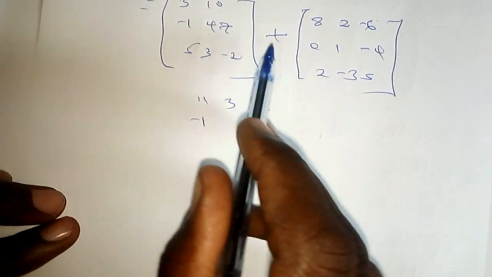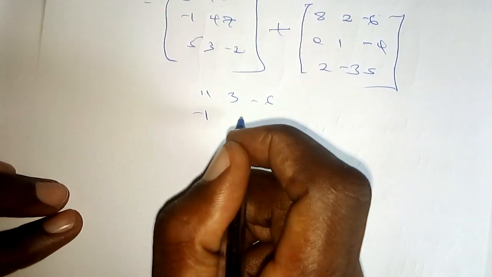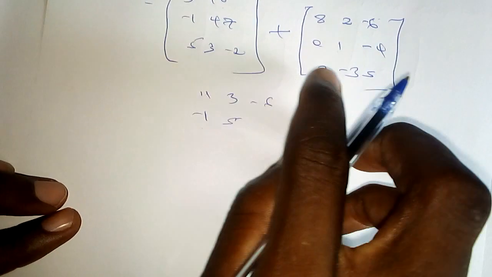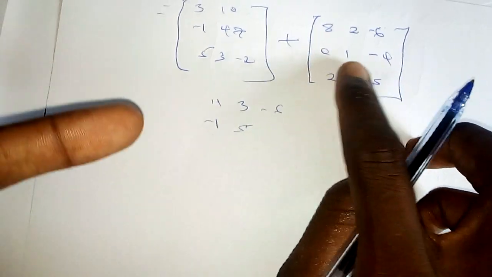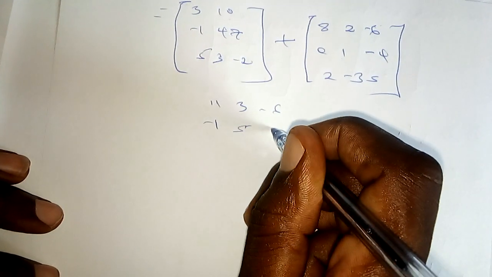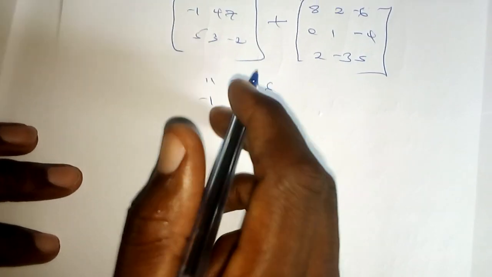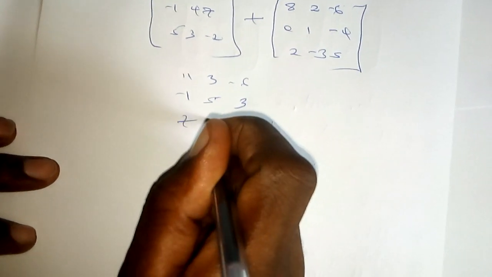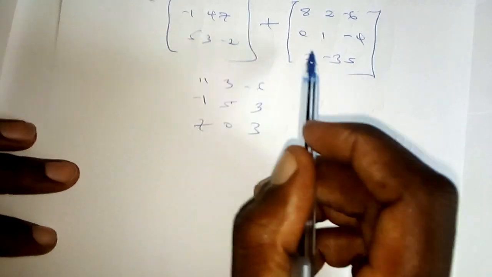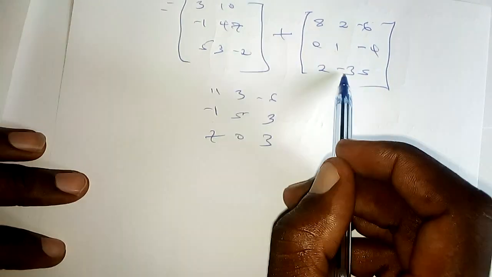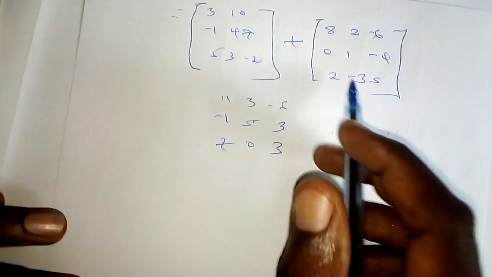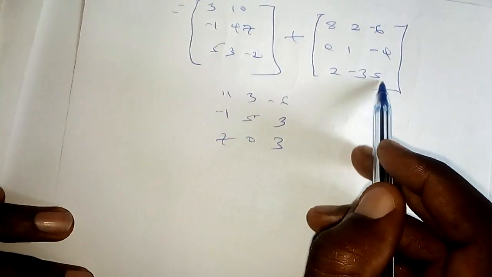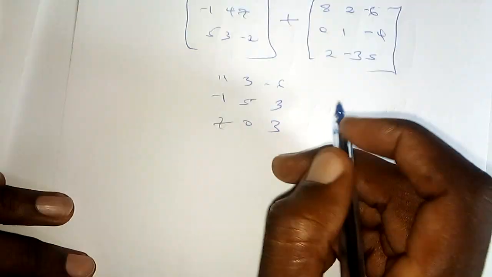We have 4 plus 1, that is 5. 7 plus negative 4, it means 7 minus 4, which is 3. Then the last row will be 7, 0, 3. If you add this one to this one, 3 plus negative 3, it means 3 minus 3, that is 0, negative 2 plus 5, that is 3.